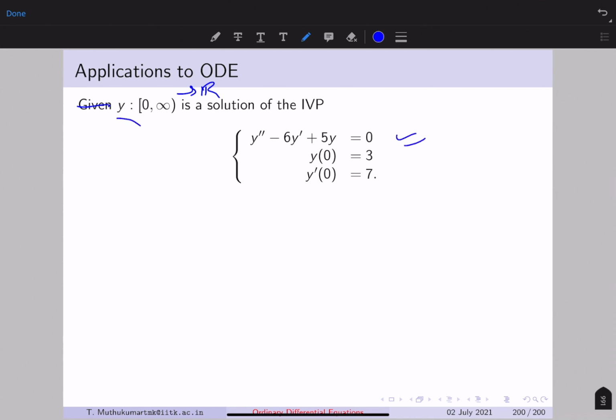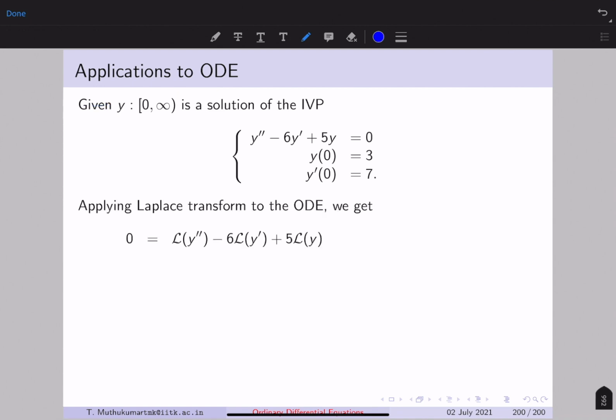Find the y. So what you do, you apply the Laplace transform. When you apply the Laplace transform, you get L of y double prime minus 6 L of y prime plus 5 L of y, right? Now you apply the theorem that we know. What is the Laplace transform of the second derivative?